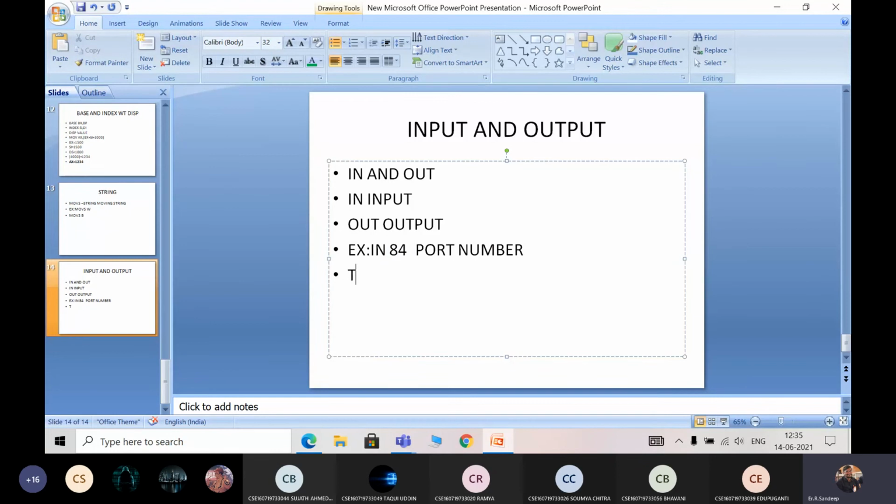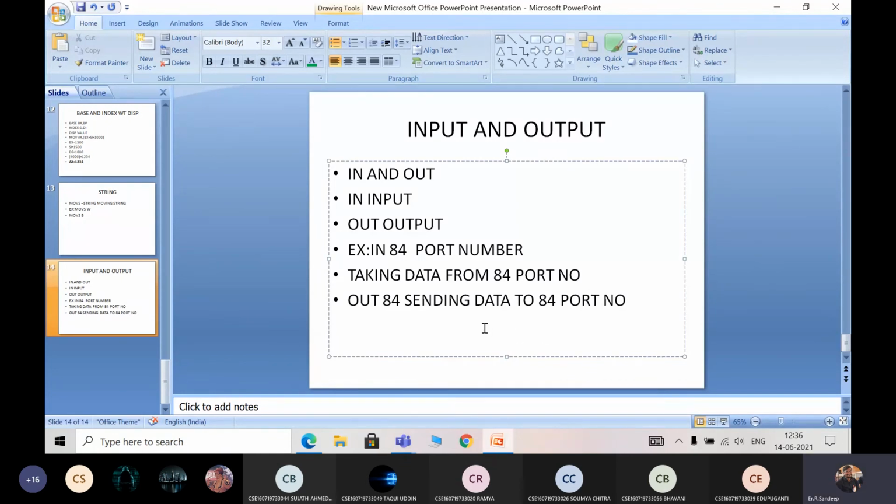That is the meaning: taking data from 84 port number. And sending data to 84 port number is OUT 84. The meaning of this one is sending data to 84 port number.